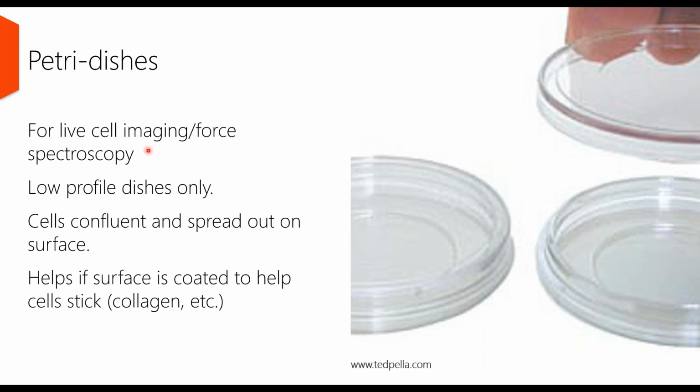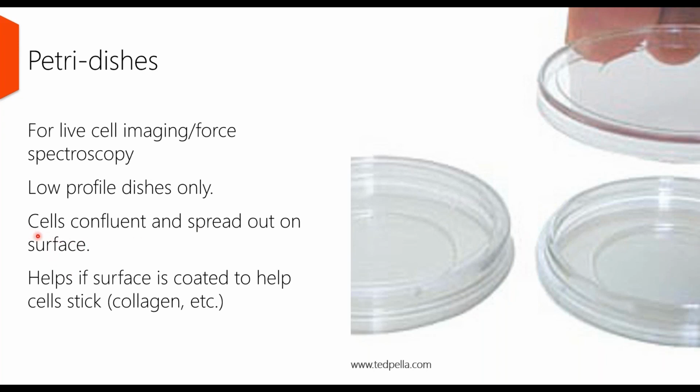You don't need any extra sample prep for that. You don't need to fix them or anything like that. They can be alive. But we need to use low profile Petri dishes only. So these are Petri dishes with a sidewall less than 10 millimeters, where typically they're 12 or higher. So there's a special kind of Petri dish with low sidewalls.